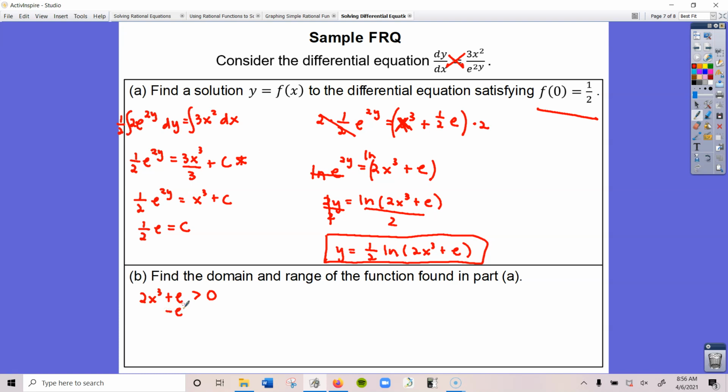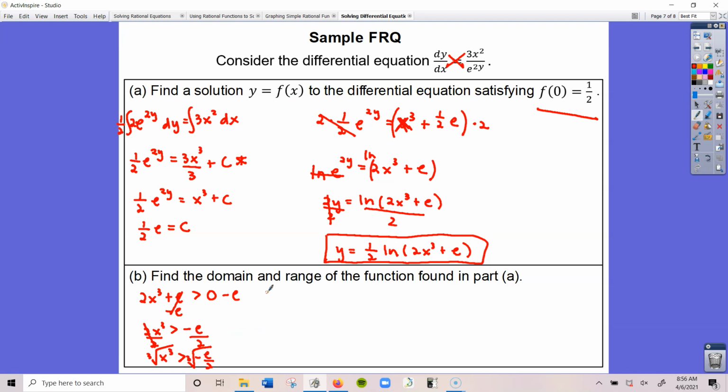And now we're going to solve for x to figure out what our domain is. So we subtract the e from both sides, and we get 2x to the third is greater than negative e. Divide by 2. So x to the third is greater than negative e over 2. And then cube root both sides. When you cube root, you are allowed to have a negative inside of that root.